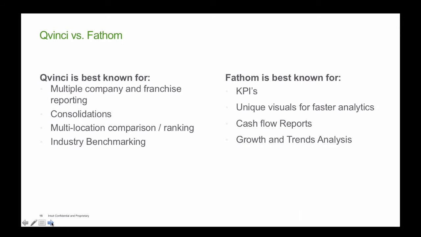If you're running multiple franchises, locations, or companies, and you want to pull reports by city, by state, by co-owner, by the type of store, whatever, you can create real nice groupings and do multiple location or multiple franchise reporting.